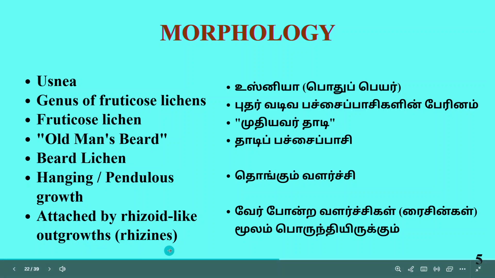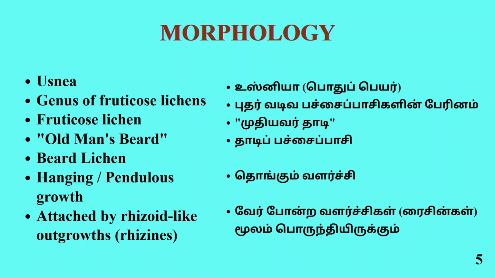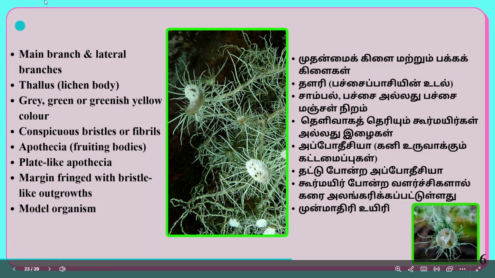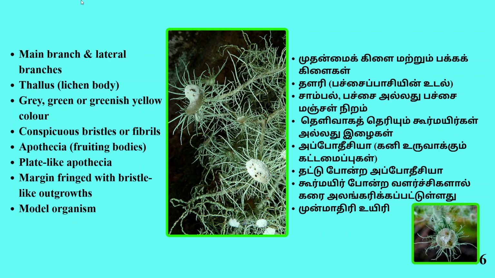The plant grows erect and pendant with the main branch bearing so many lateral branches, and the color of the thallus varies from grey, green or greenish yellow. There are several conspicuous bristles or fibrils you can see on the thallus, and that covers the thallus entirely.